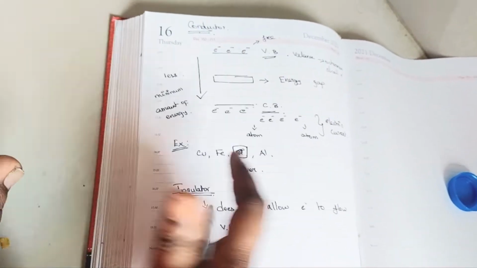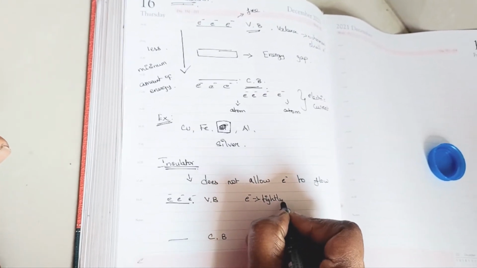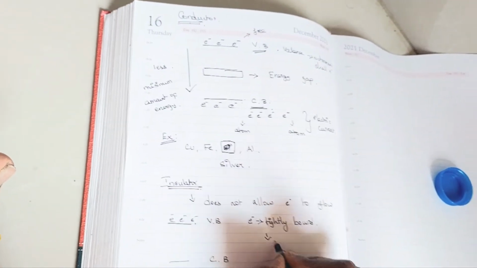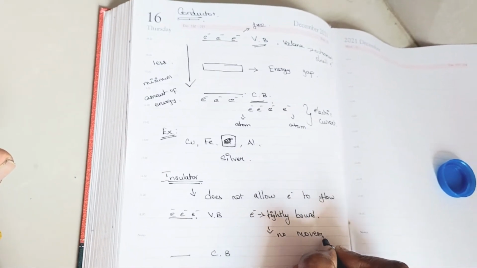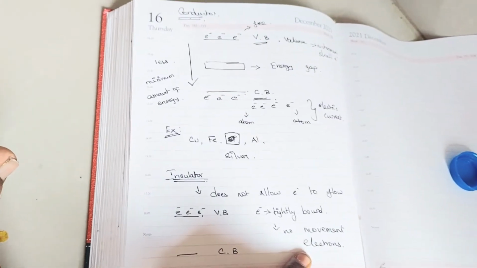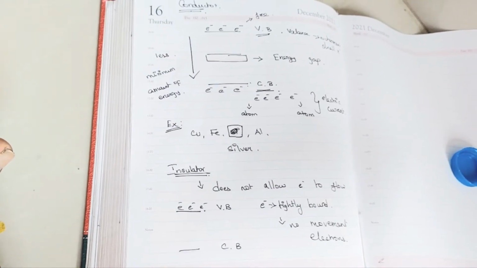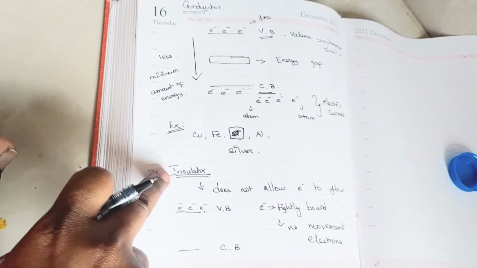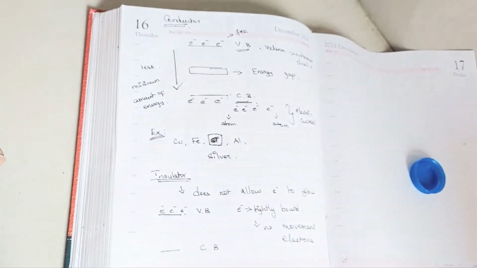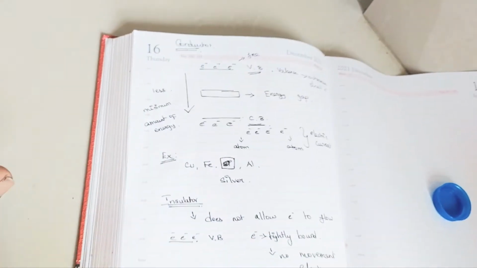In an insulator, these electrons are tightly bound, so there is no movement of electrons. If the electrons do not move from the valence band to the conduction band, there is no electric current at all. So we can use an insulator only where we don't want electric current to flow.